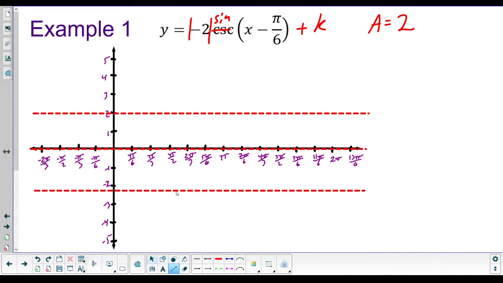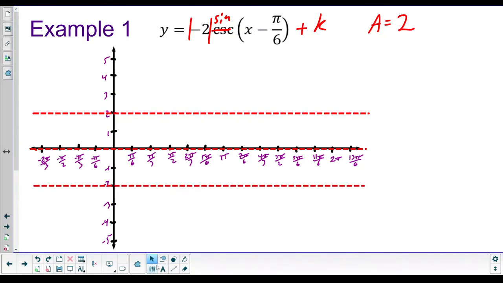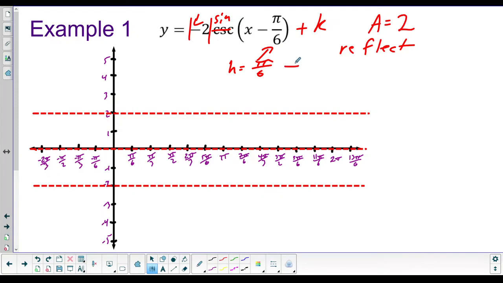And let me just adjust that so it's a little bit more measured. There we go. And then because we have this negative, we're going to reflect it over the midline. Lastly, this h value, h equals pi over 6, tells us that we're going to translate to the right pi over 6.